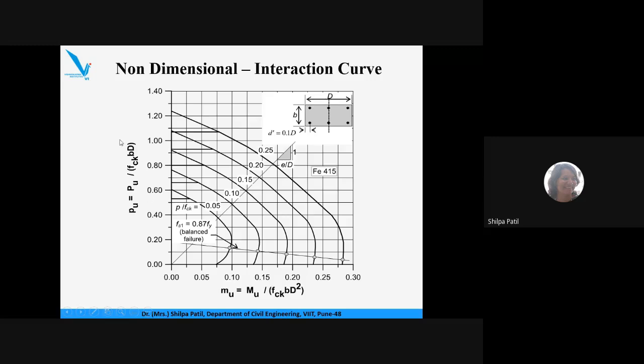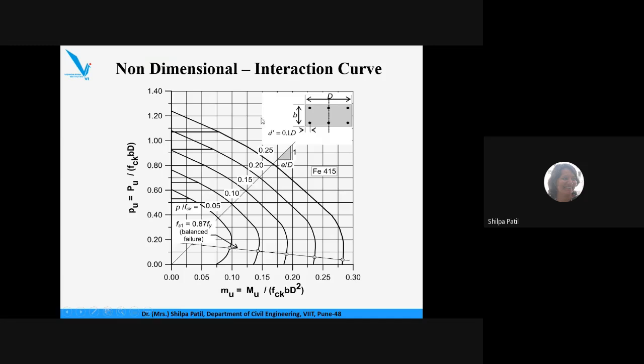This gives me the non-dimensional term, and these values are plotted on the y-axis. Similarly, for the x-axis, Mu is considered as a non-dimensional parameter which is calculated by Mu divided by fck b D square. So all these non-dimensional parameters are used to plot these interaction curves.